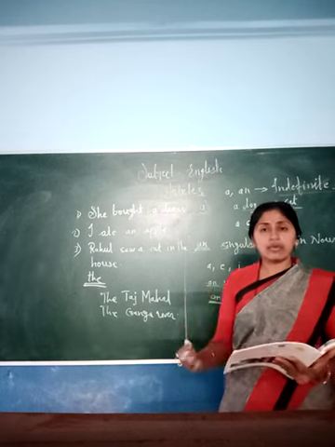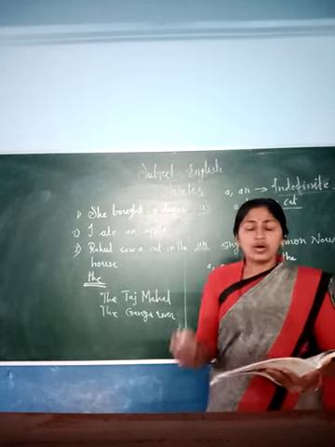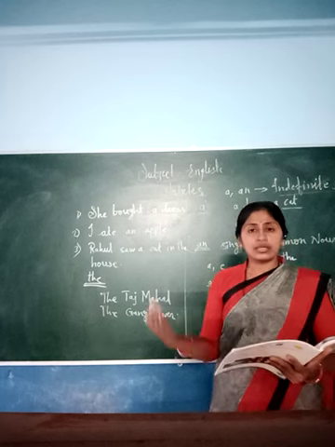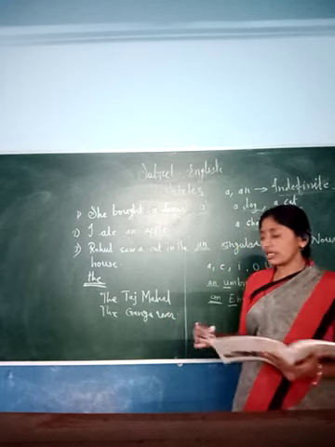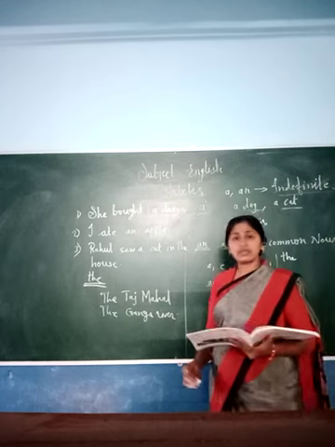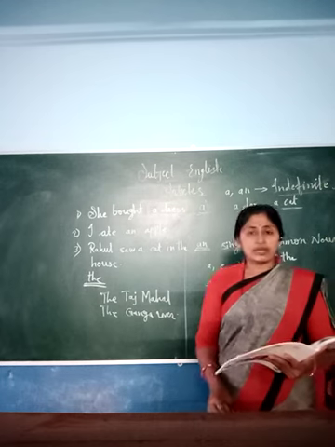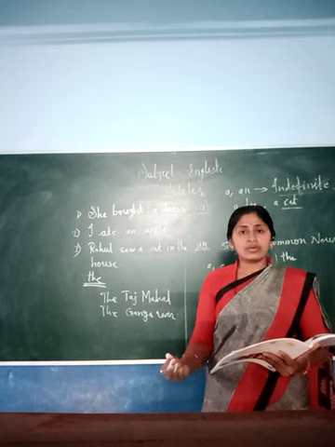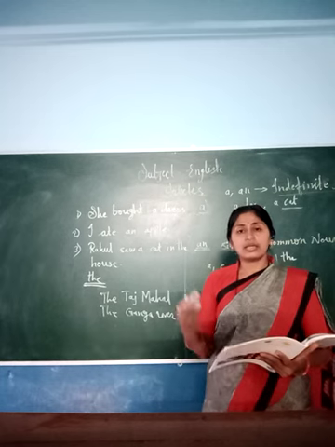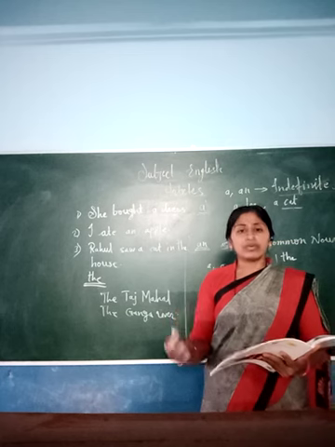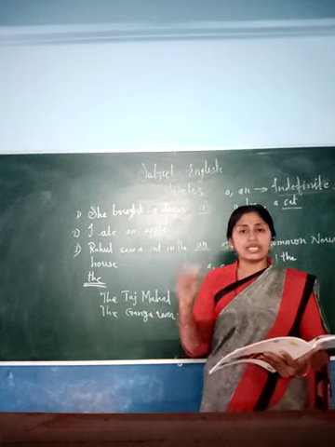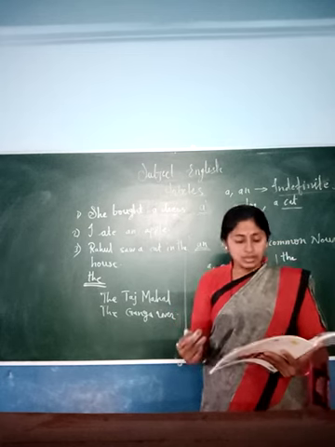And the river's name, all the days of the week, all the months of the year, January, February. Before that we have to use the definite article because these words are special names. For the books, Bible, then Bhagavad Gita, we have to use the before these books because these books are special, particular.